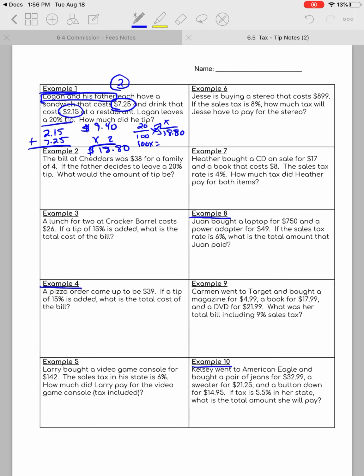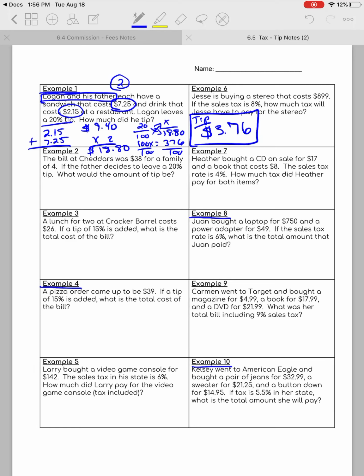You get 100x is equal to 376. And then you divide by 100. Your tip is $3.76. That's the tip.